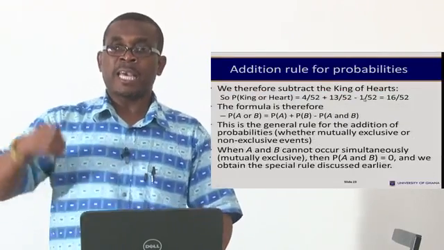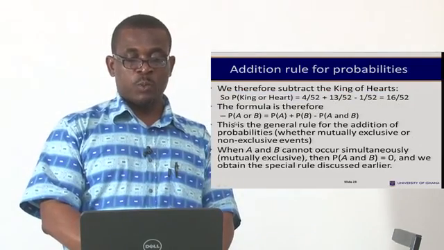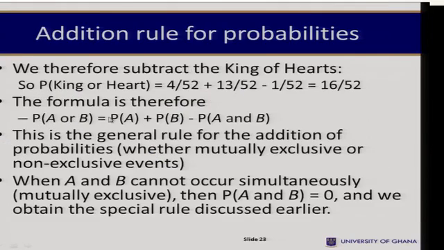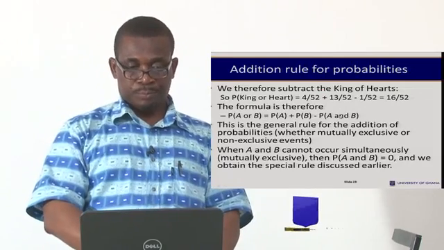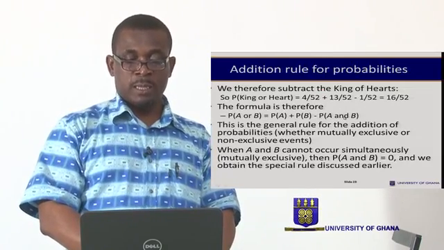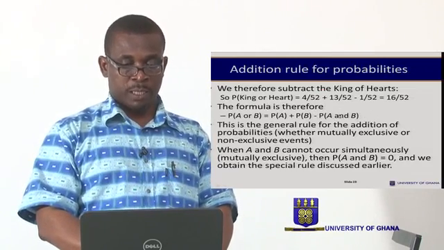In other words, it is a king and a heart at the same time, right? So in general terms, we write this: probability of A or B is equal to the probability of A plus the probability of B minus the probability of A and B. A and B meaning that these occur together, right? Which means we're using the AND rule, which applies to multiplication.